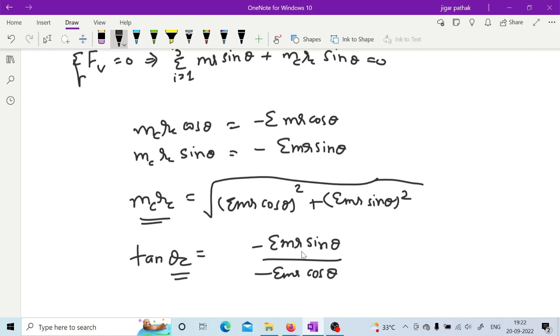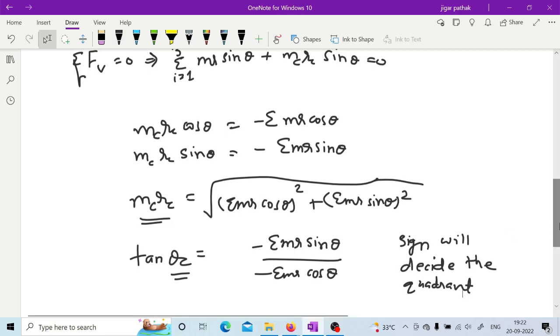Whatever you get, keep it as it is, because the sign is going to decide the quadrant. So this is how you calculate the balancing mass and the angle at which it needs to be provided for a statically balanced system.